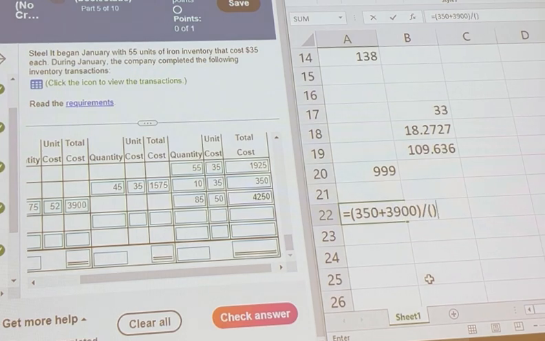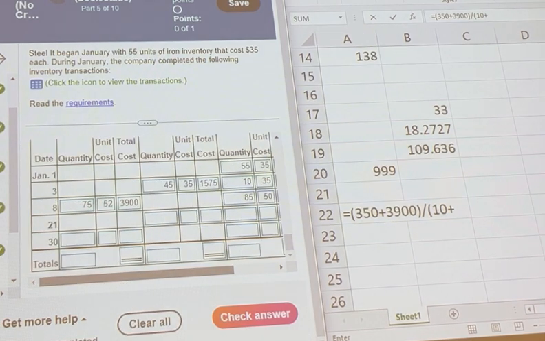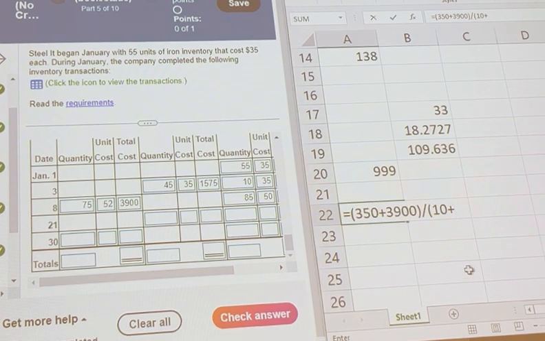And then we divide that by 10 units that we had in inventory plus 75 units that we just purchased.